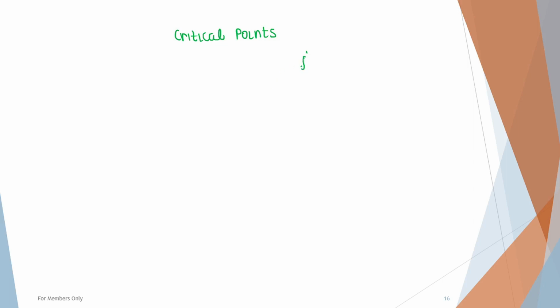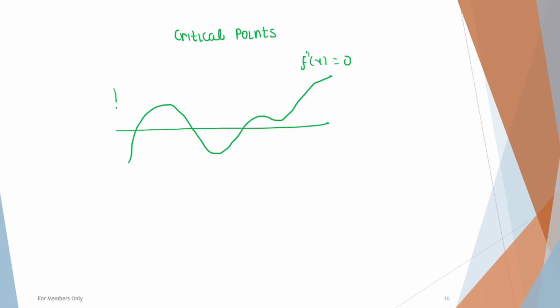So let us suppose there is any function like this, okay. So this is the x and y axis. So at this point, this point, this point, this point, the derivative is going to 0.